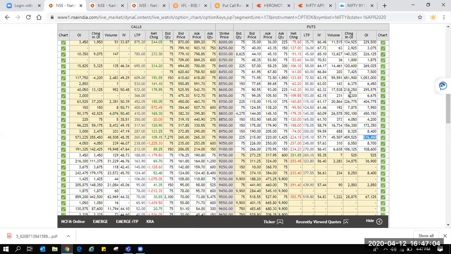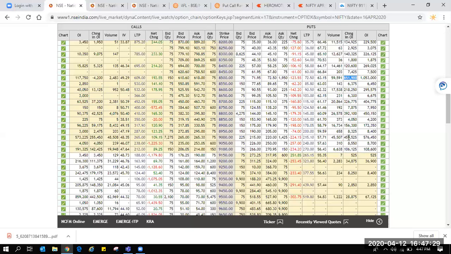Again, the change in OI. Now we will see where the maximum change in OI is. Again, you will see the maximum change in OI lies at 8,500. So as we see the maximum support, the first support comes at 8,500. Again, the change in OI is 6,51,000. So that means people strongly believe the market will not breach 8,500.